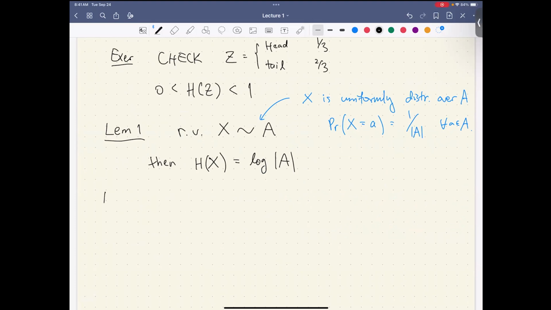We have a second lemma, lemma 2. Okay. So maybe one quick comment about the first lemma.